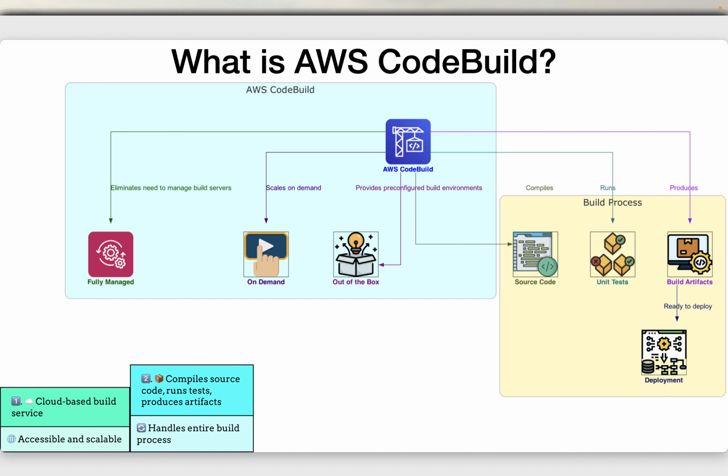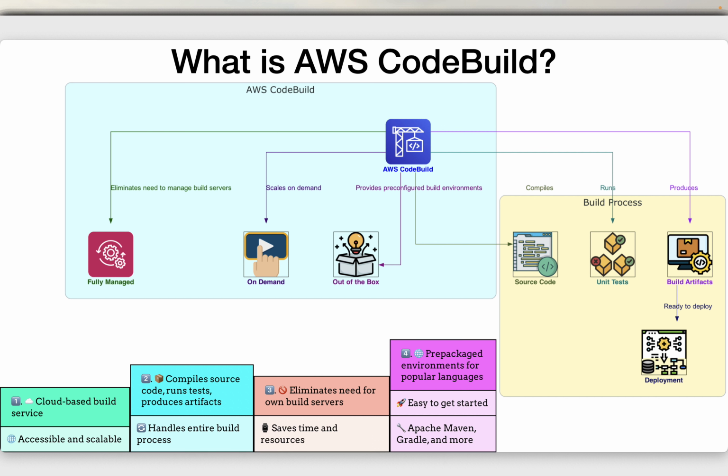CodeBuild takes care of the entire build process, from compiling source code and running unit tests to producing deployment ready artifacts. By using CodeBuild, users can eliminate the need to provision, manage and scale their own build servers, saving time and resources. CodeBuild offers pre-packaged build environments for widely used programming languages and build tools like Apache Maven and Gradle, making it easy to get started.